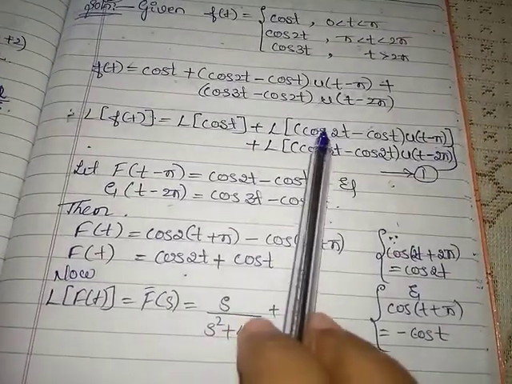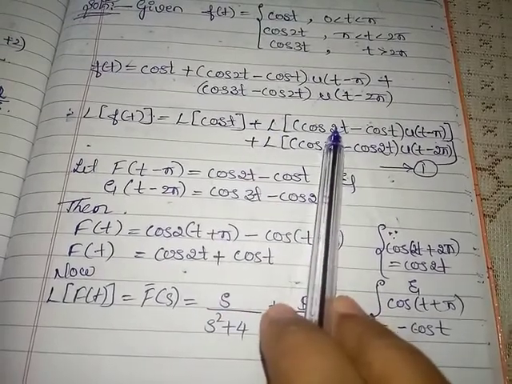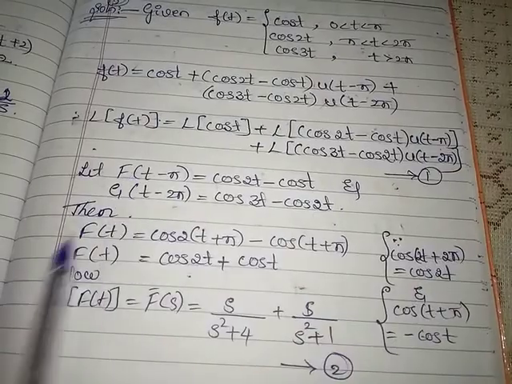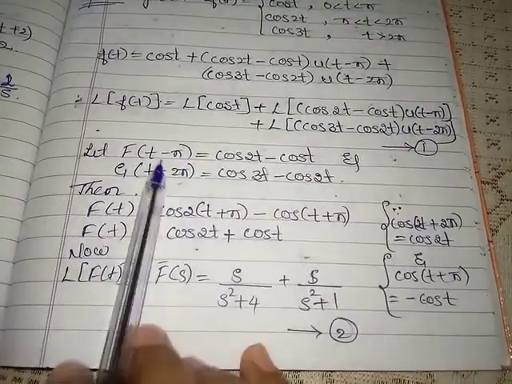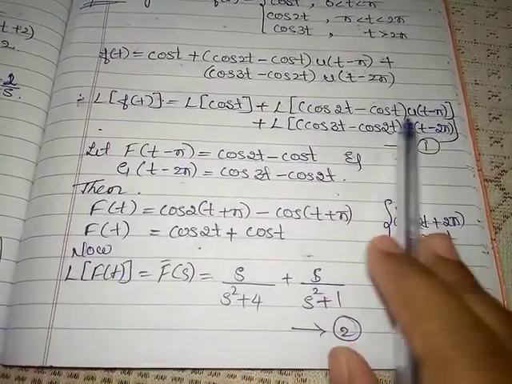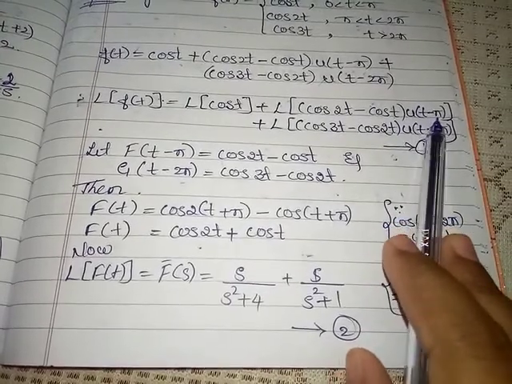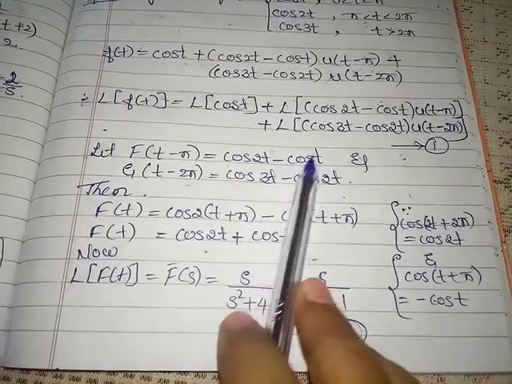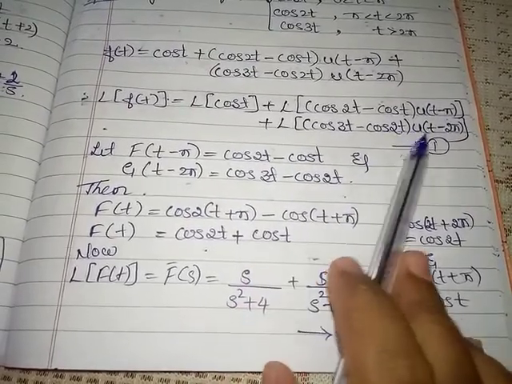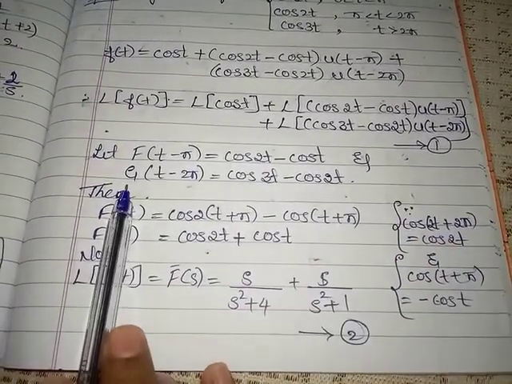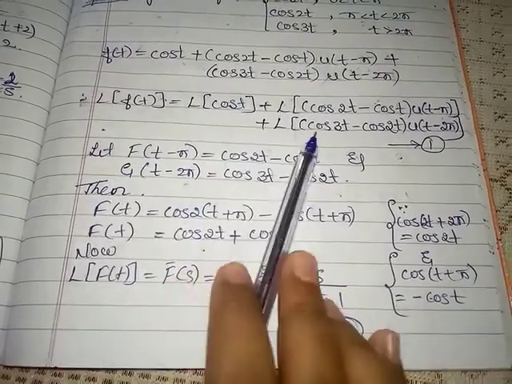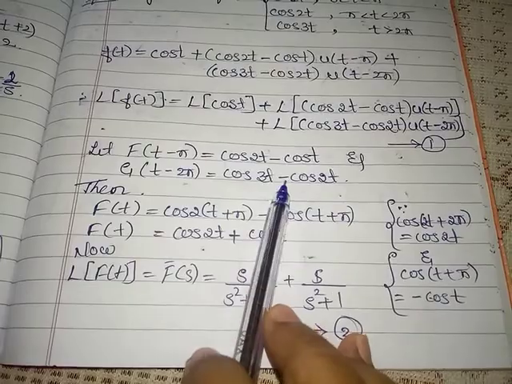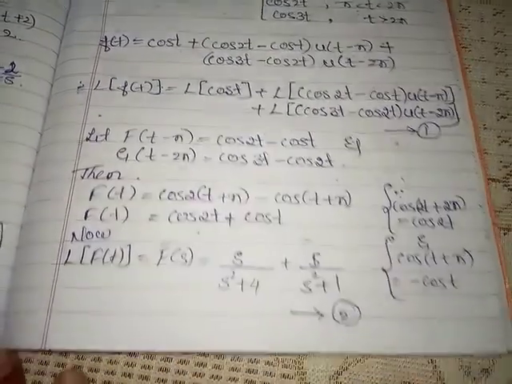Now we have to find the Laplace transform for these two functions using the second property. So f of t minus pi, because in the first term the value of a is pi, so f of t minus pi is equal to cos 2t minus cos t, and for this one the value of a is 2 pi. I am taking g for this one. G of t minus 2 pi is equal to cos 3t minus cos 2t.